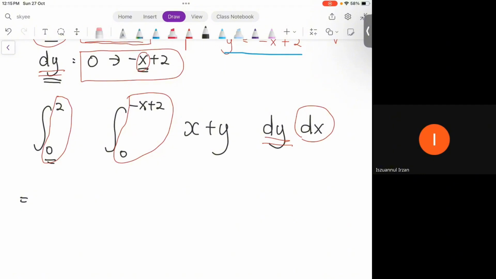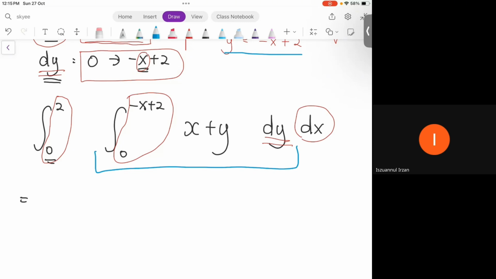So can you use calculator for the first integration? Yes or no? Who says yes? Raise your hand. Okay, you cannot use calculator.